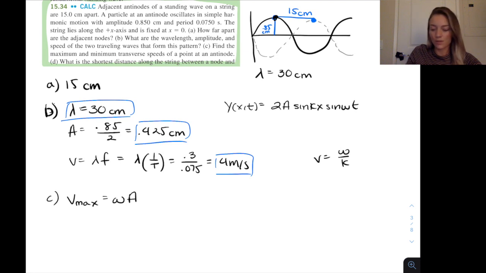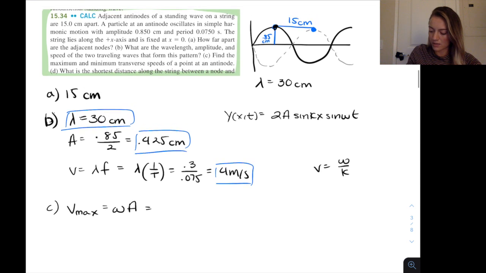So we could just use that formula. They don't give us the frequency, so we'd have to do 2 pi times the frequency times the amplitude. And that would be 2 pi times 1 over the period times the amplitude. So that will give us 2 pi times 1 over 0.075.